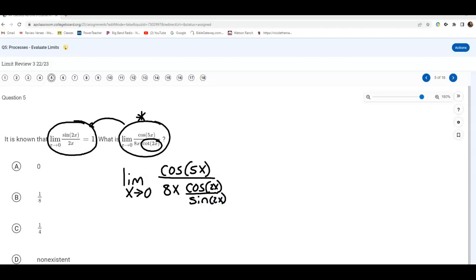Okay. Next, I'm going to multiply the top and the bottom of this fraction by sine 2x. So that this cancels out.